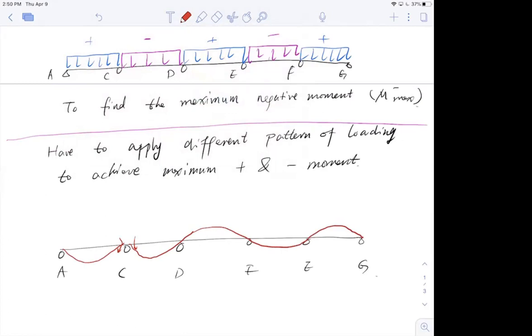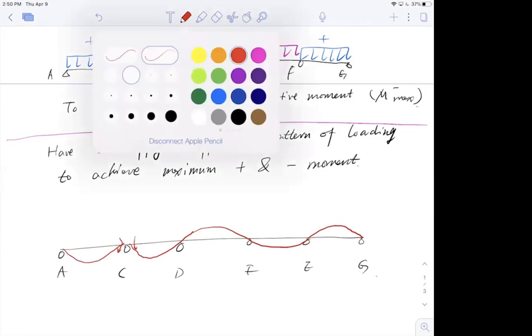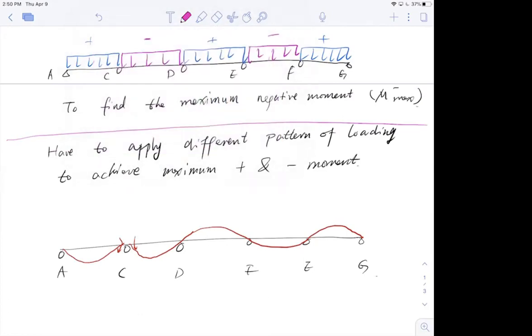Okay, so if I want to have the maximum negative moment, I'm going to draw my loading directly. So I'm going to have loading here, and I'm going to have loading here, because these are negative. And I have a loading here. Is that right? So this is getting a little bit complicated. Why? Because you realize I have to keep shifting my loading to get a different maximum moment at different locations.